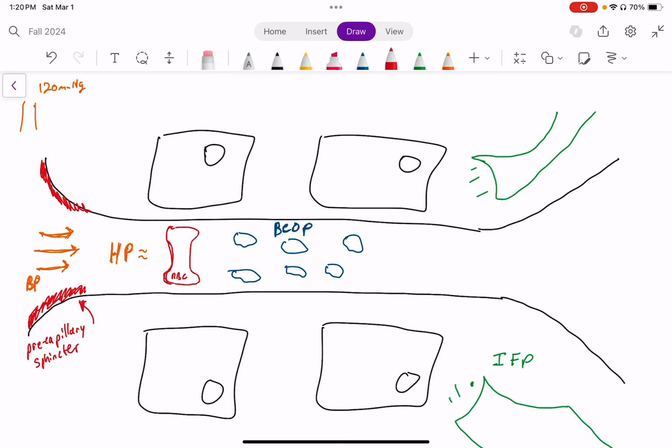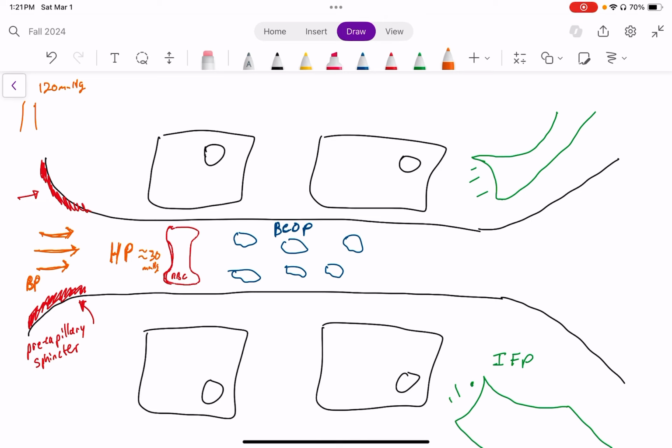And these will contract according to the blood pressure. So they're smooth muscle, right? So they have mechanical receptors. And so when they stretch, it causes them to contract. And it keeps the hydrostatic pressure at around 30 millimeters of mercury. So it tries to keep it consistent.